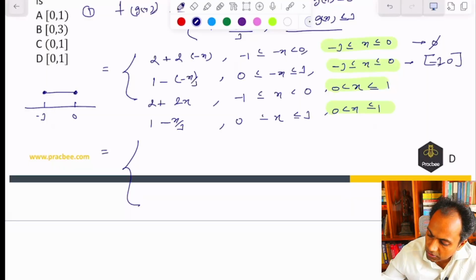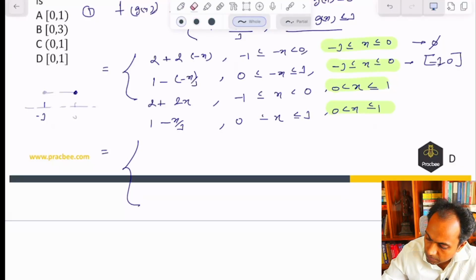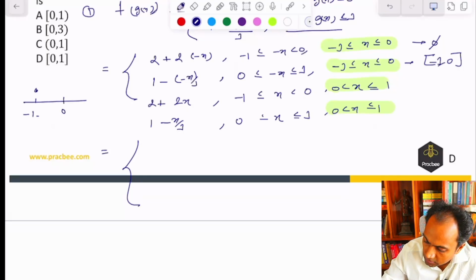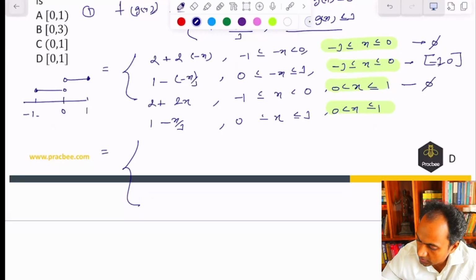Next part of the discussion, it says that x lies between minus 1 and 0. Minus 1 is included, 0 is not included. And then x lies between 0 and 1. So you can see that there is no intersection here. So again, in this case, answer comes out to be null set.